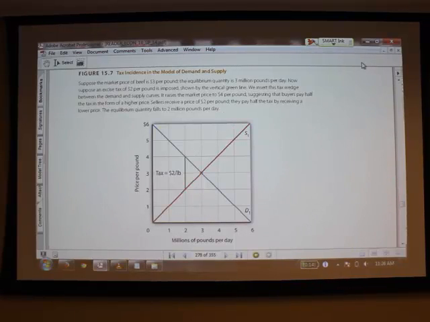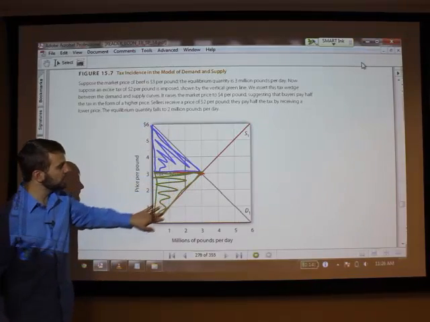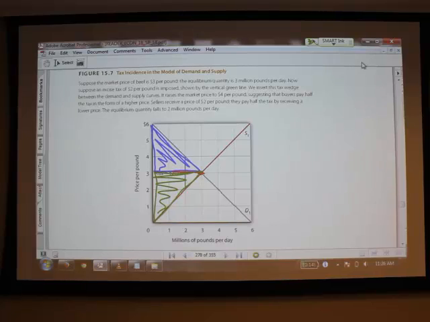Without the tax, if there was no tax, price would be $3. Consumer surplus would be this blue triangle. Producer surplus would be this green triangle. Right? So total surplus would be this whole area. But with the tax, we don't get this area at all.